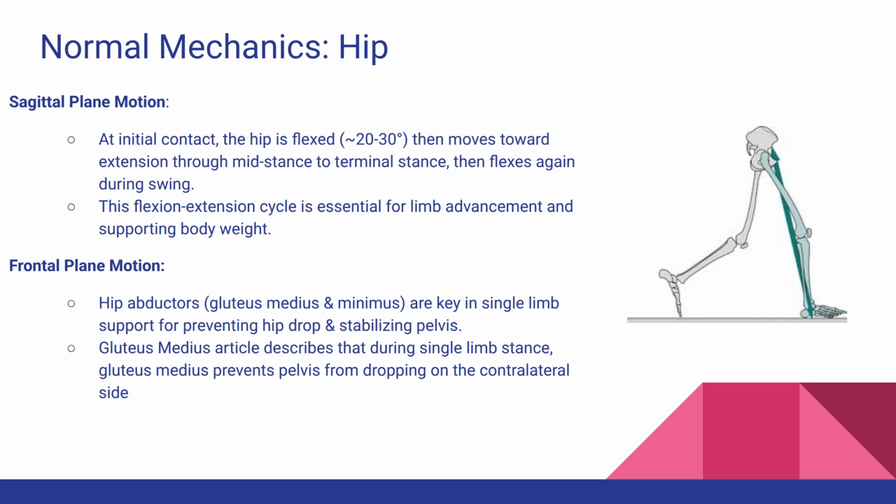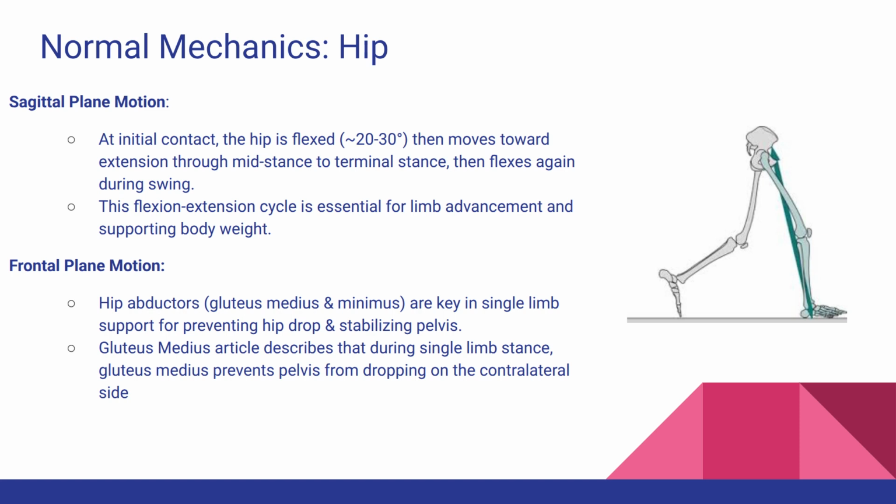Now let's talk frontal plane motion. During single limb stance, the hip abductors, primarily gluteus medius and gluteus minimus, must generate sufficient force to counteract the external adduction moment created by the body weight. The pelvis wants to drop toward the swing side.